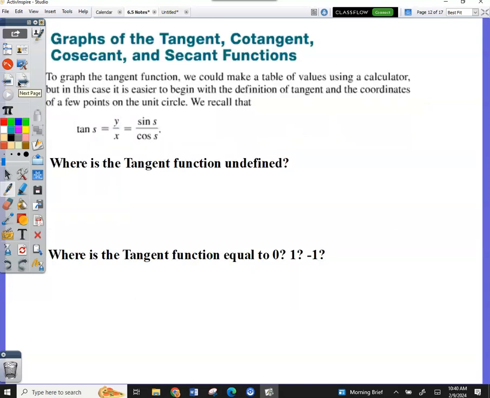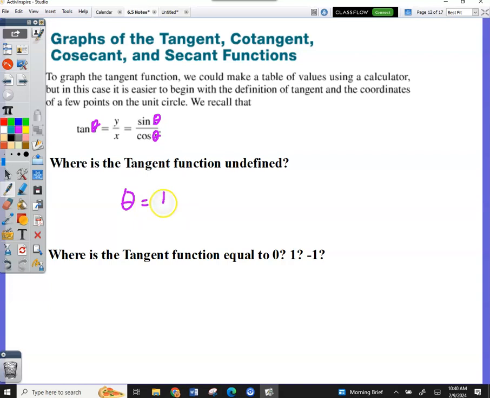All right. Why have we not talked about tangent? Well, that's because tangent's boring. Tangent's annoying. So tangent comes from y over x, right? We already said that. Well, where was the tangent function undefined? What did we say? It was always the pi over 2 increments, right? It's where theta is positive or negative pi over 2.